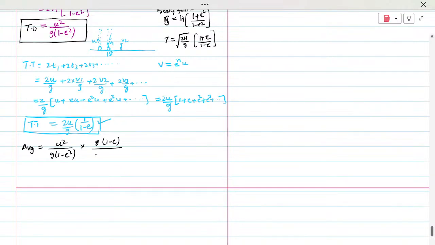U gets cancelled, g gets cancelled. Using a square minus b square, here u by 2 into 1 plus e is the answer. So this is the answer for average speed: u by 2 into 1 plus e.